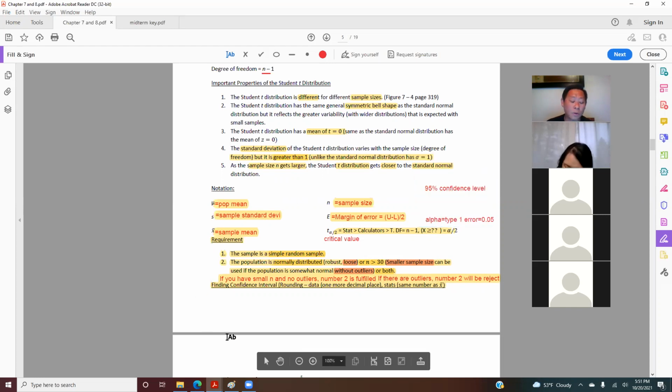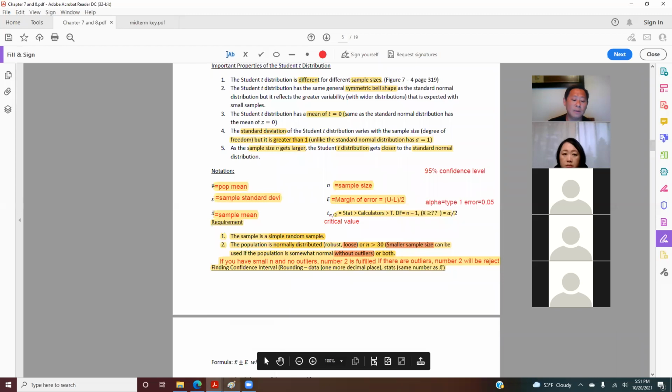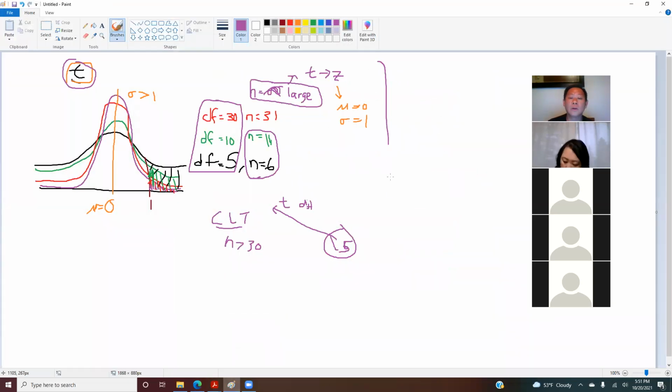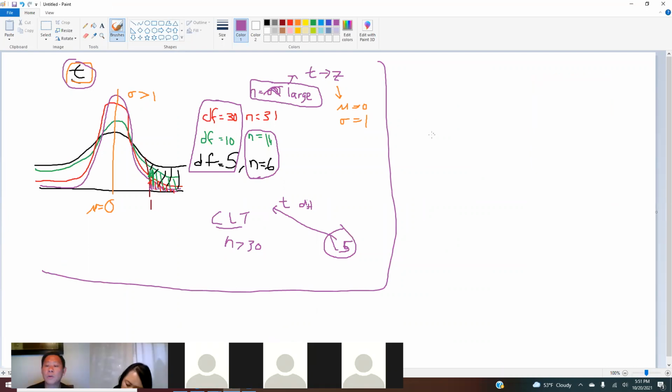So we can also do a critical value here. I showed you what that means. Remember last time we found a 95%. This is what we call your critical value.